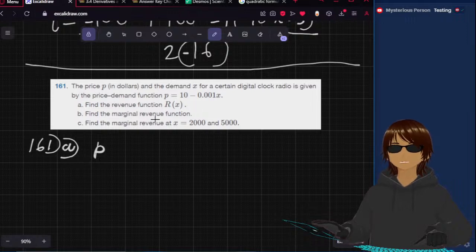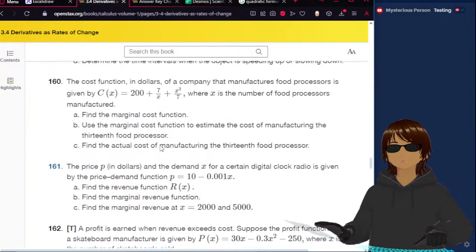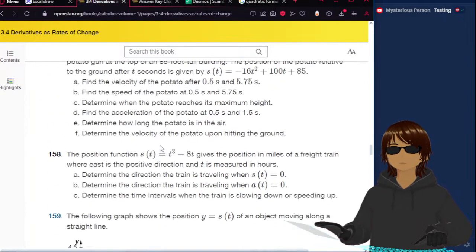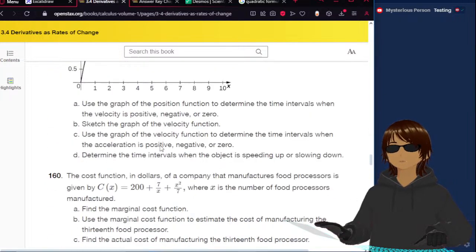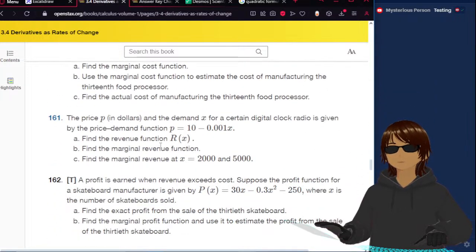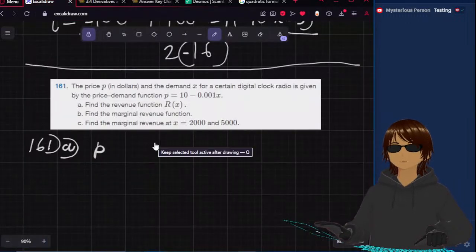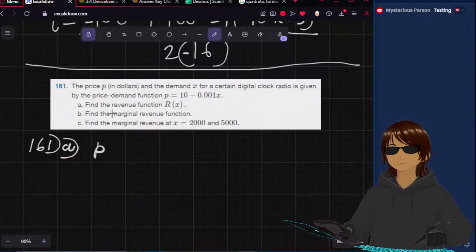Find the revenue function. How do I find the revenue? Okay, never mind this.